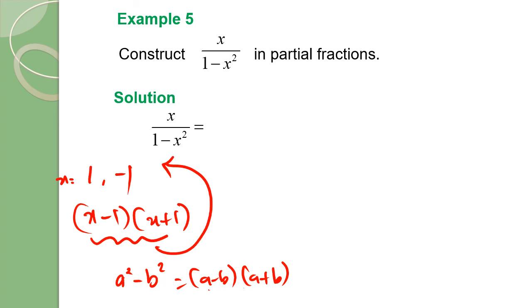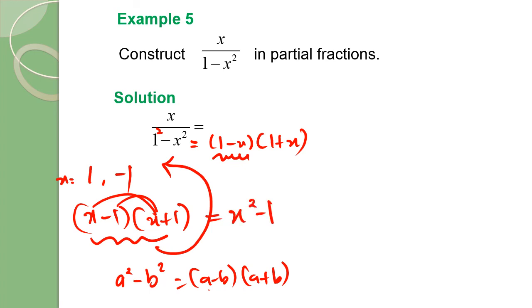So what is a? Our a here is 1, right? So it will be 1 minus x, 1 plus x. This is important. Why? Because if we expand the other one, what we will have is actually x squared minus 1.